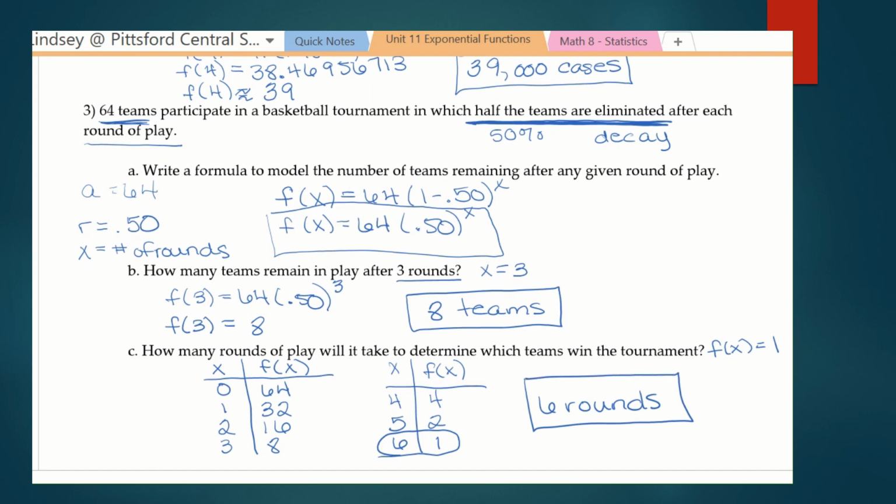Now, we could also look at our calculator for the same information. If you wanted, you could have graphed this function. I could go to my calculator, graph 64 times 0.5 raised to the power of x, look at the table, and see where our f of x value is 1. The corresponding x value that goes with that, which would have been 6, is our answer.